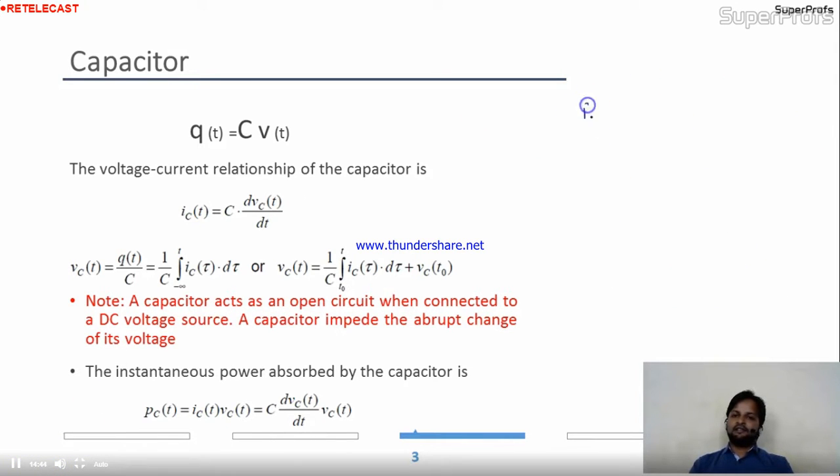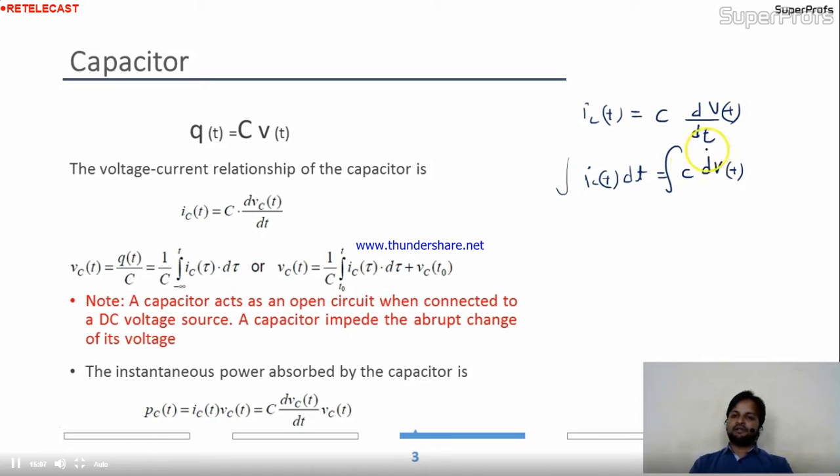The relation is iC(t) equals C d by dt of V(t). Now I have to integrate this, so take dt to this side: i(t) dt equal to C dV(t). Integrate both sides.